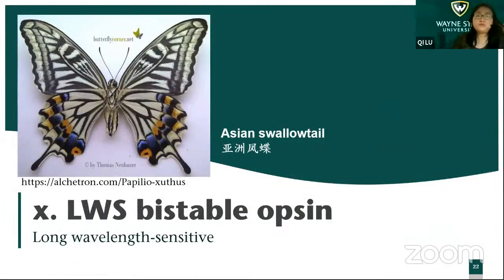So now let's move on to the long wavelength sensitive bistable opsin. That's the LWS opsin. It's isolated from a butterfly.